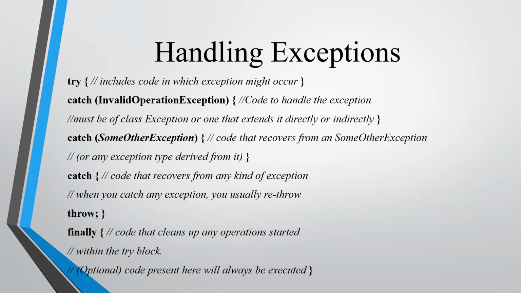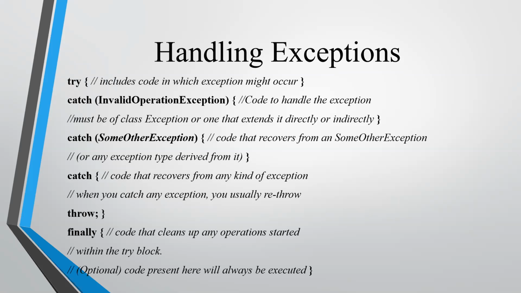This is the basic syntax of how we handle exceptions. First is the try block. It includes code in which an exception may occur during the normal flow or execution of a program. Next is the catch block. As you can see here, we have multiple catch blocks.